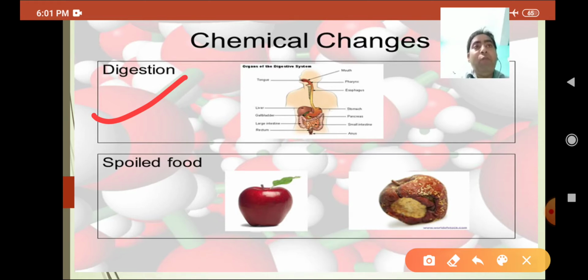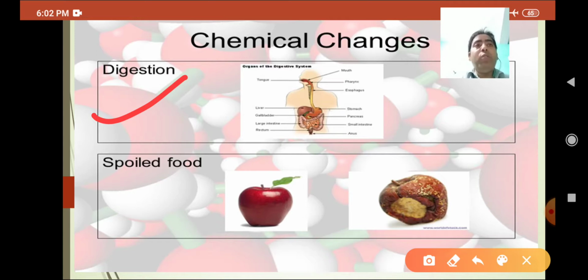In the stomach it is churned and converted into liquid form. Then it goes to the small intestine, from where water and nutrients are absorbed and taken by the blood, which gives them to all parts of our body and provides energy to do work.